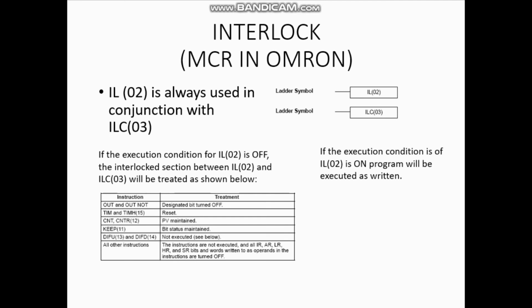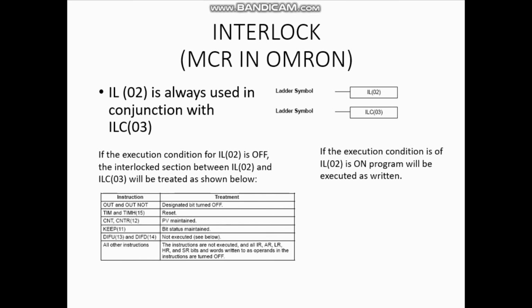Okay, even though the counting or the execution for your counter keeps turning on and off. Both DIFU and DIFD will not be executed, and for KEEP, the bit status will be maintained.